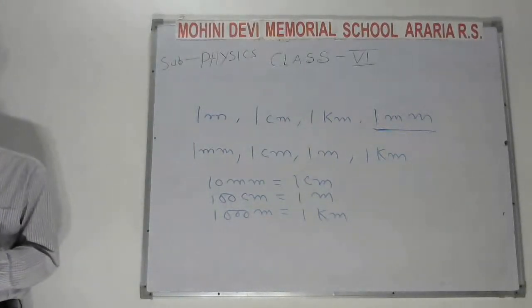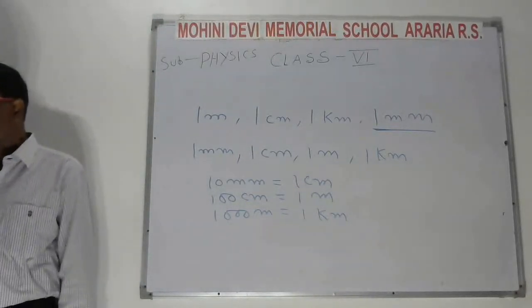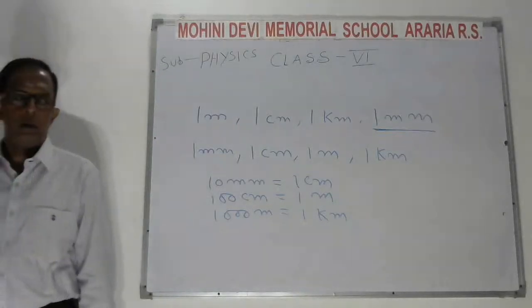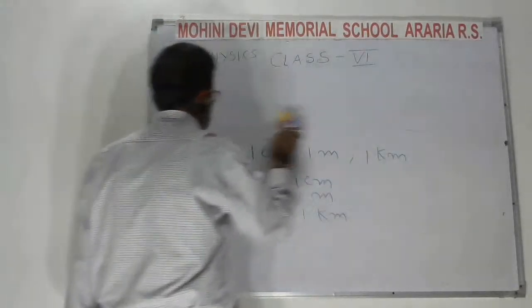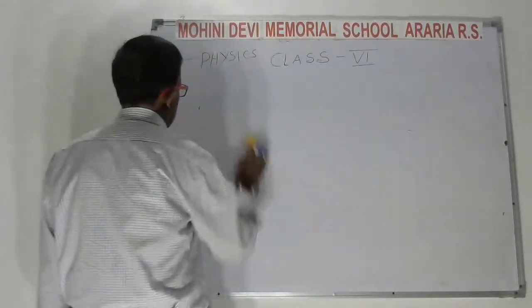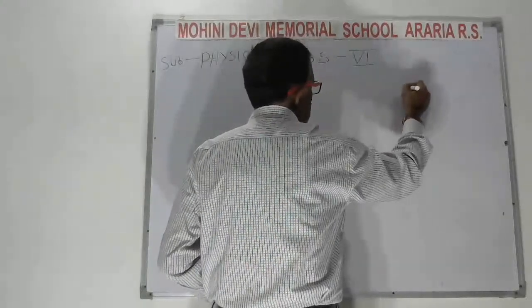The fifth question. The height of a person is 1.65 meter. Express it into centimeter and millimeter. Suppose a person is standing here.